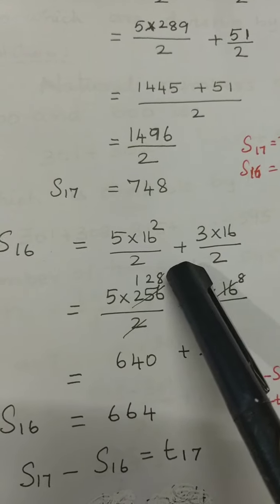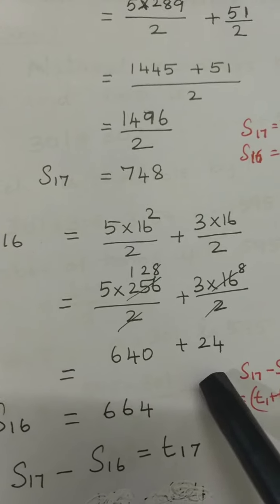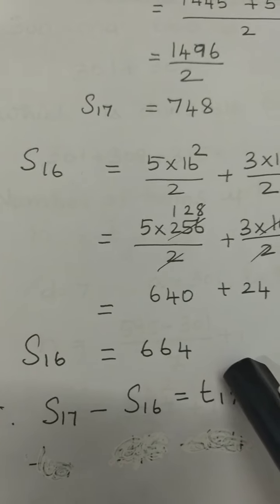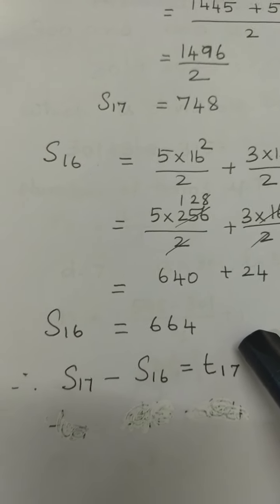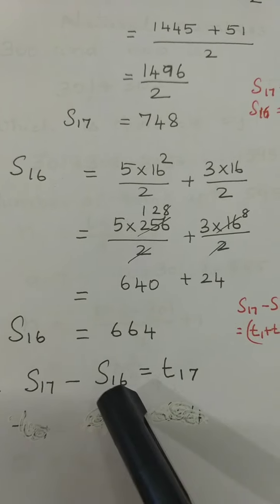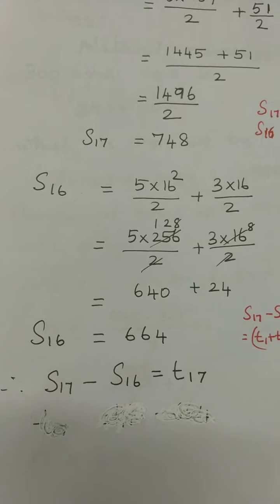Then 128 into 5, 640. 8 3s are 24. So the sum of 16 terms is 664. We know that S17 minus S16 is equal to T17. Isn't it?